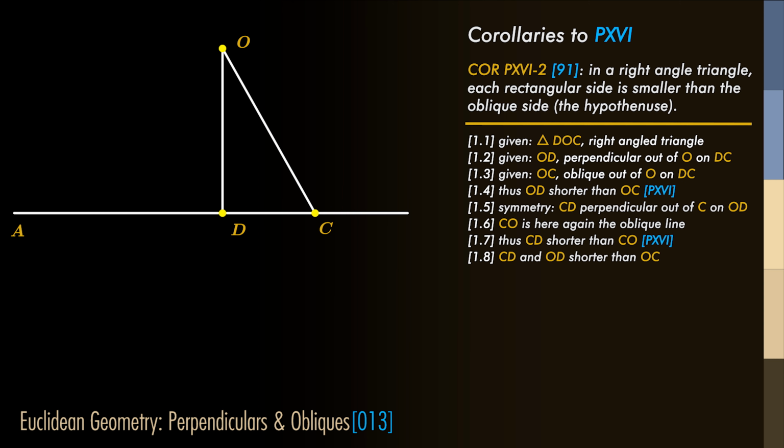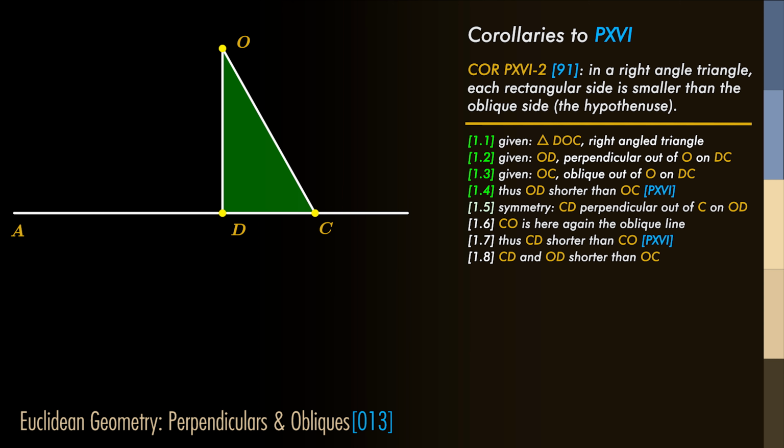Secondly, in a right-angled triangle, each rectangular side is smaller than the oblique side. Consider the right-angled triangle DOC. OD is the perpendicular out of O on DC, and OC is an oblique line. So OD is shorter than OC.